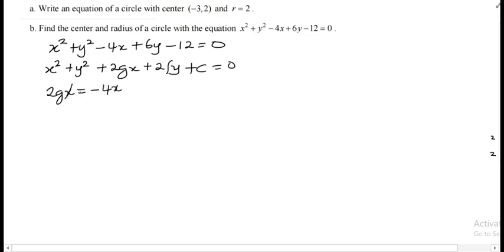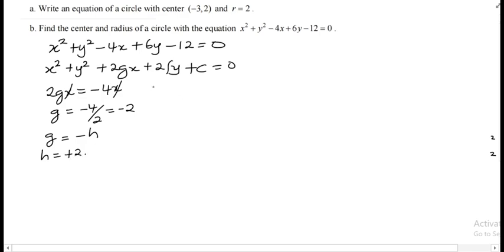Then here you have x and x we divide, so our g will be equal to minus 4 over 2, which will be minus 2. And g is equal to the negative value of h. Therefore, our h will be equal to minus 2, which is plus 2.